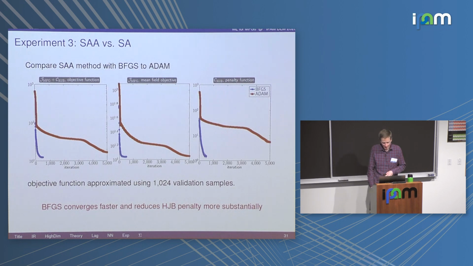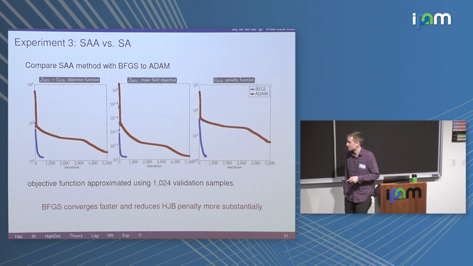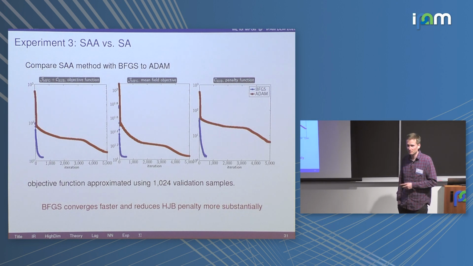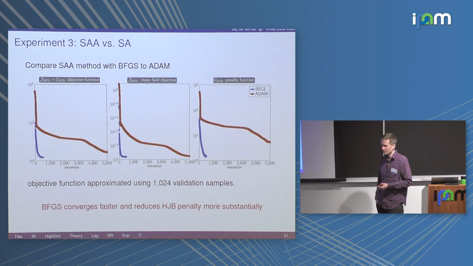So yeah, if they are big fans of or experts in stochastic approximation schemes, come talk to me, because so far we haven't made them work. If you look at the convergence graphs, red is Adam, which is a state-of-the-art tool for PDE-based neural networks and stuff like that.